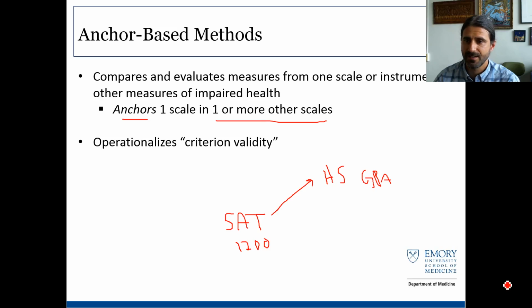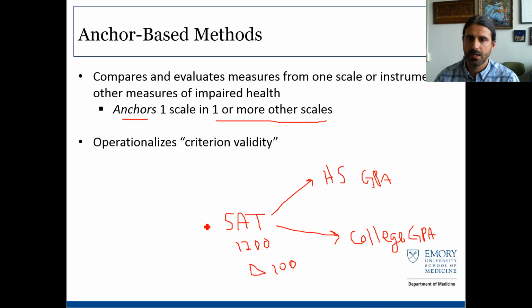Sorry, this looks like I'm writing with my fist here, but it's a mouse. We could use it with predictive criterion validity, or college GPA. So how does it correlate? How does either a threshold such as above 1200, or you could be anchoring a change, so every 100-point difference in SAT is correlated with a difference in high school GPA or college GPA.